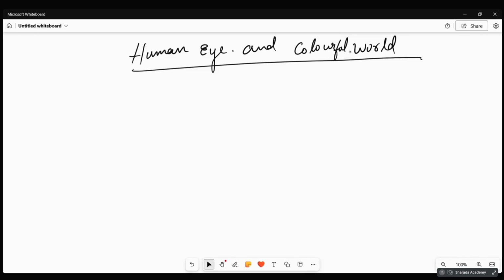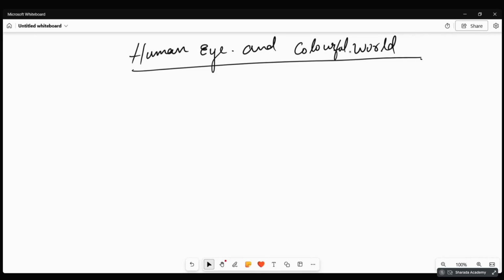Clear, right? Then we studied about the blind spot also. Blind spot means the nerves and the retina connect at one point, where the rods and cones will not be there. So the image formed on that point cannot be identified by the brain, because rods identify the intensity of the light and colors are identified by the cones.